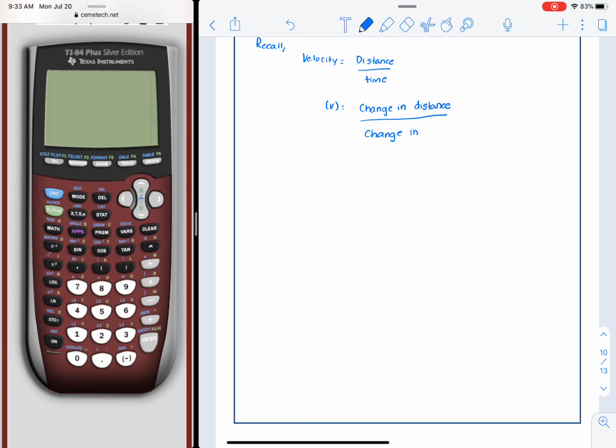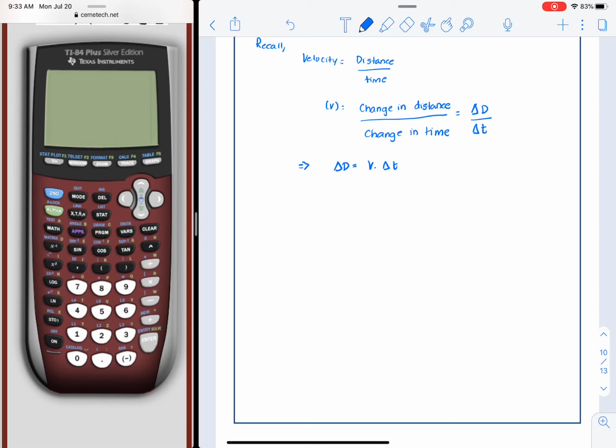So if you remember from derivatives, a change in distance, I could call it delta d, divided by the change in time, which is delta t. So if we want to find the distance, delta d is v times delta t.